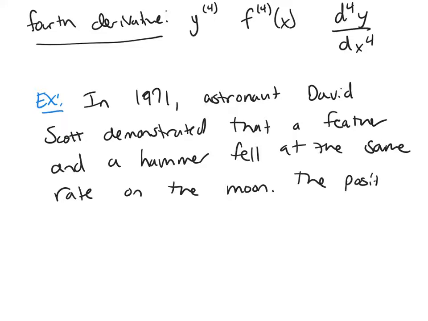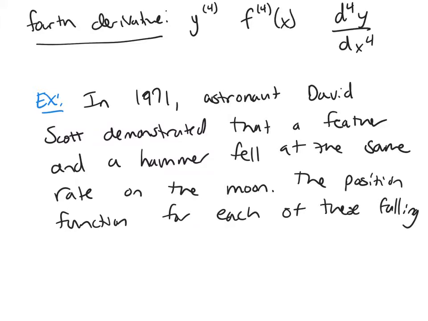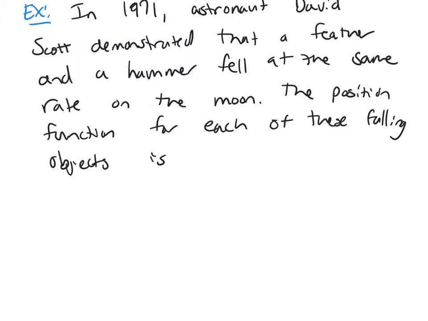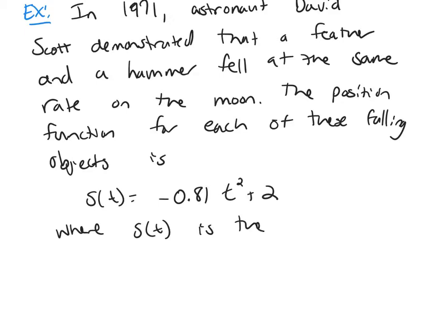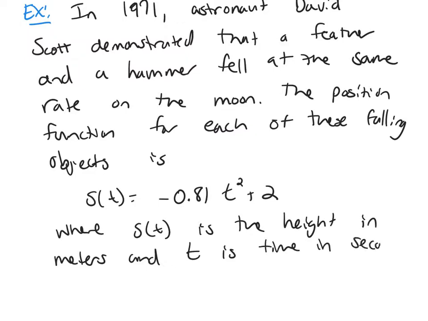The position function for each of these falling objects is given by the function s of t, negative 0.81 t squared plus 2, where s of t is the height in meters and t is time in seconds.